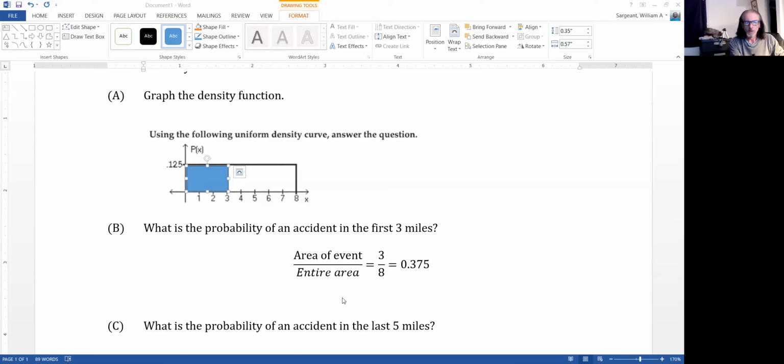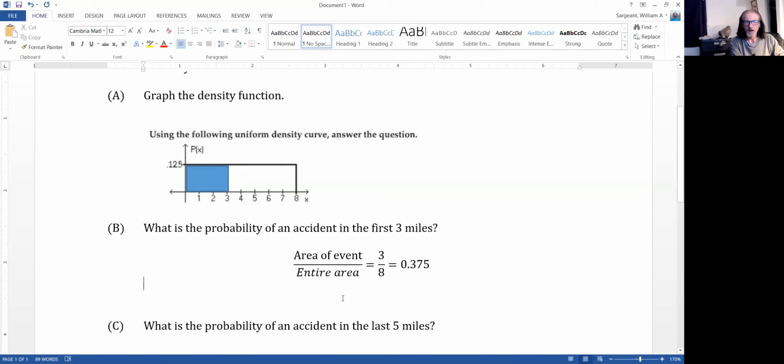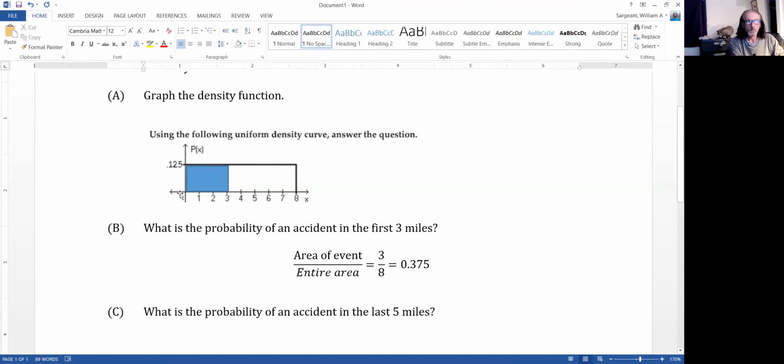Now, in part B, we're looking for the probability of an accident in the last 5 miles. Well, that's the complementary event of what I've shaded here, which you could say has been shaded in white. Therefore, our probability is going to be 1 minus the 0.375.